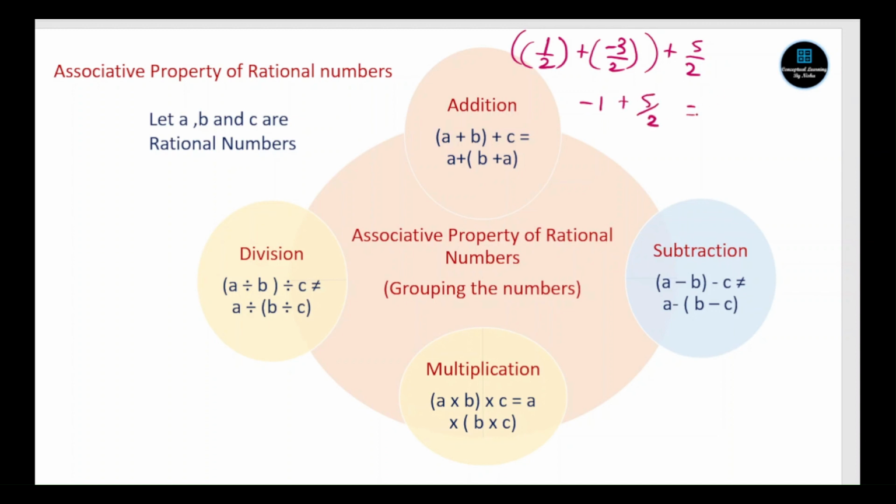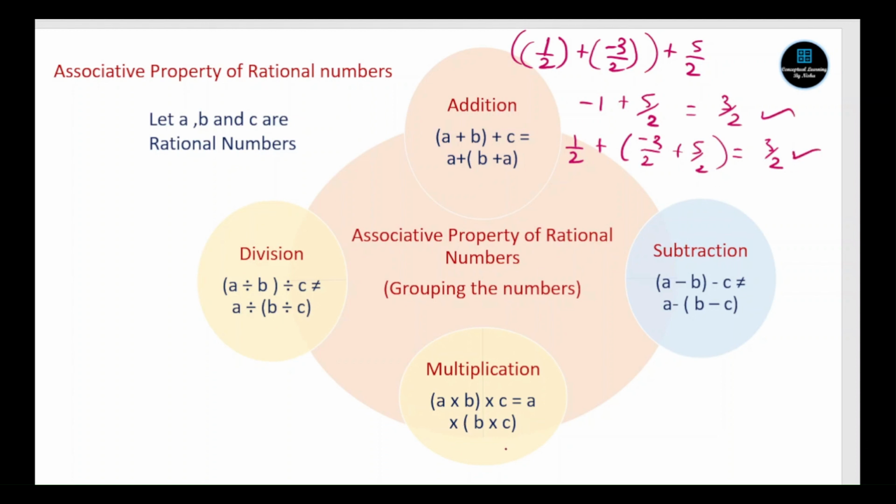So what do we get? 3 over 2. Is this the same case if I change the grouping? Let's check. 1 half, and I'll add negative 3 over 2 plus 5 over 2 first. So I'll get 1, and then 1 half, so it is 3 over 2. I'll get the same answer, right?